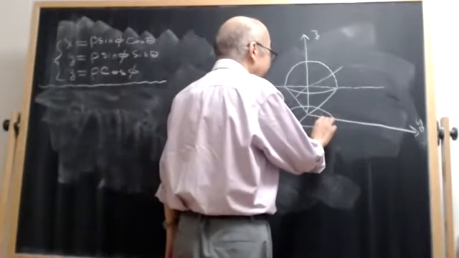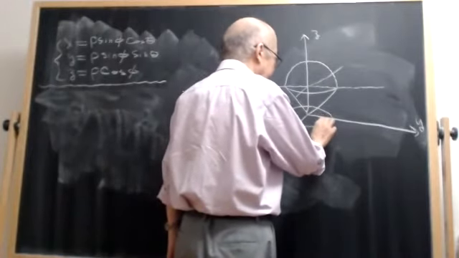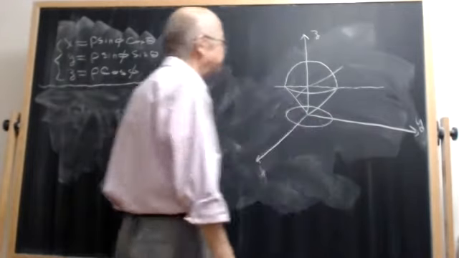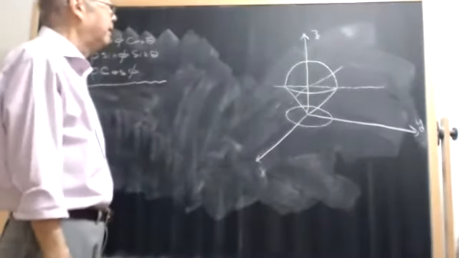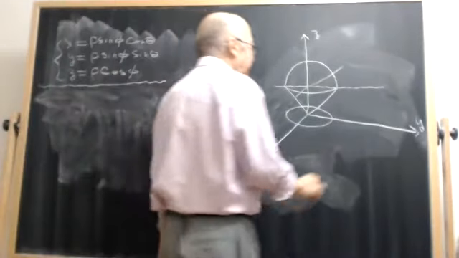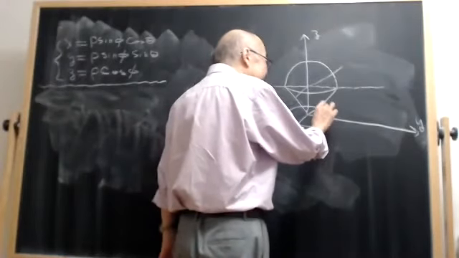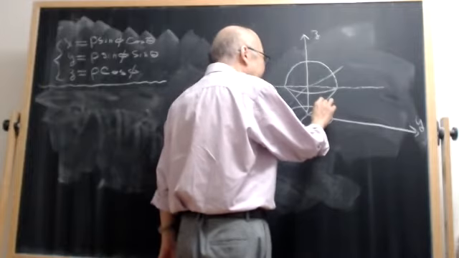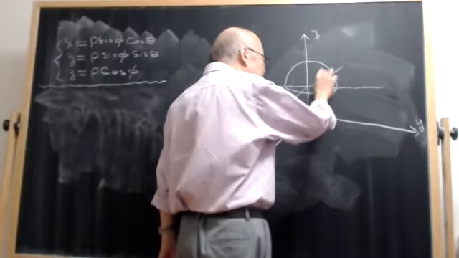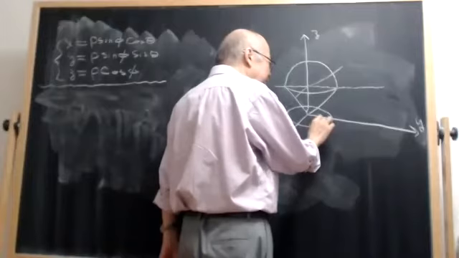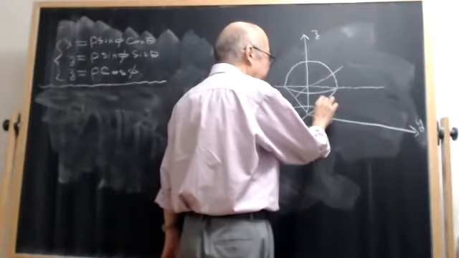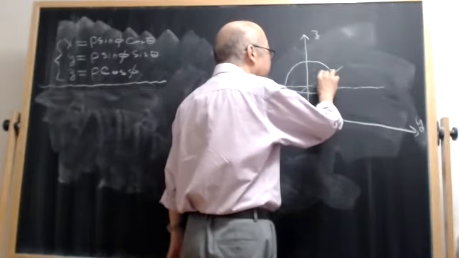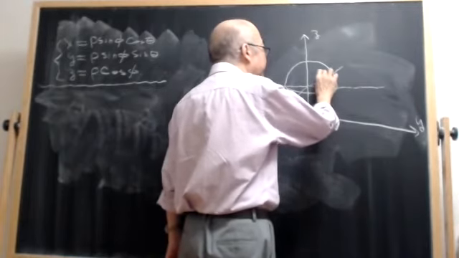Now I take a point here, and then I am going to see the range of Z from the cone to the sphere based at this point. So it's something like this.